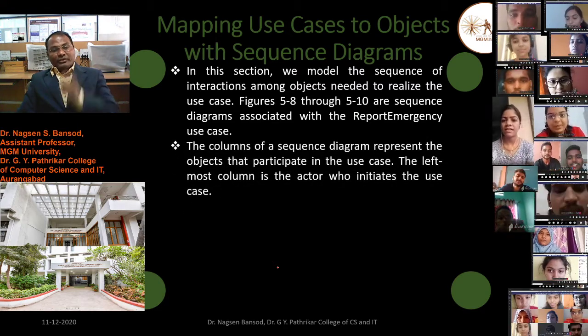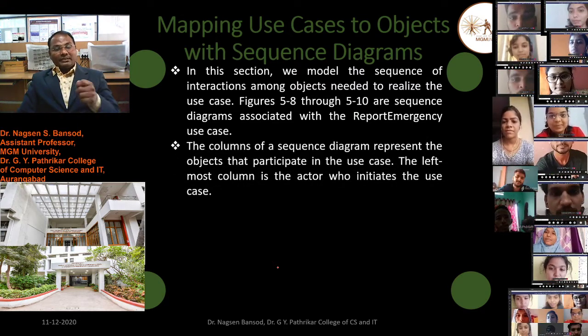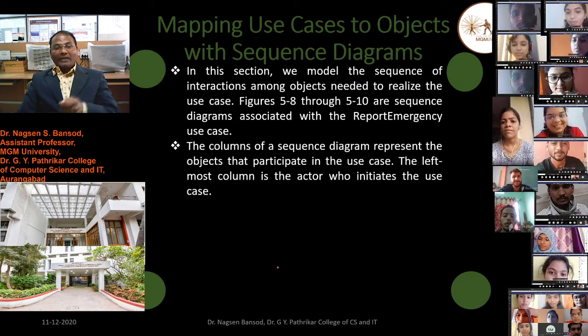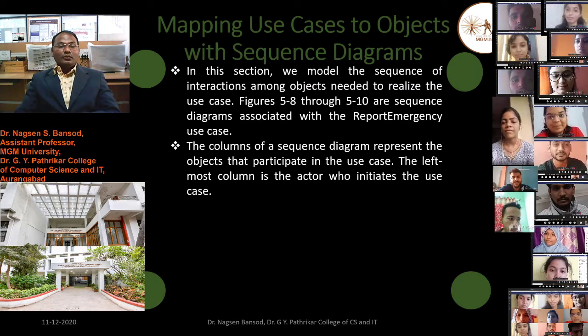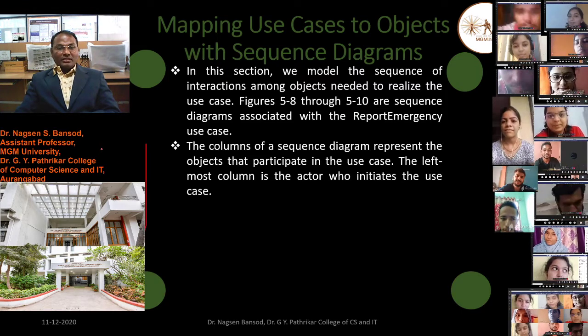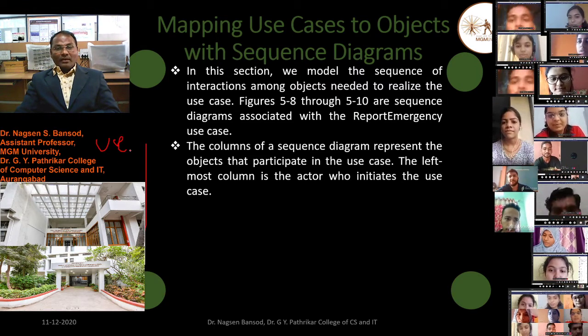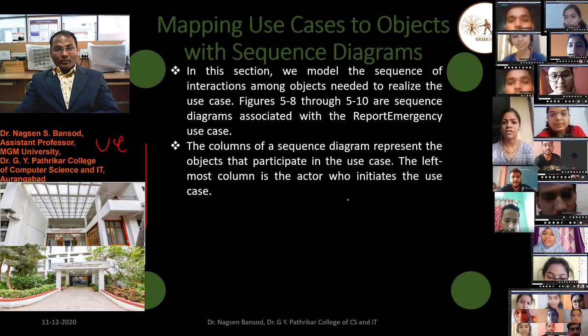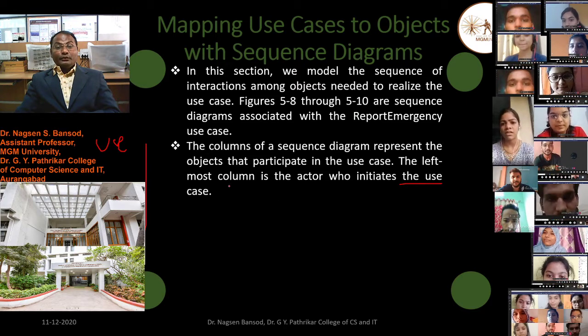The columns of the sequence diagram represent the objects that participate in the use case. The leftmost column is the actor who initiated the use case. There are two parts: one is the use case part and another one is the initiated use case.